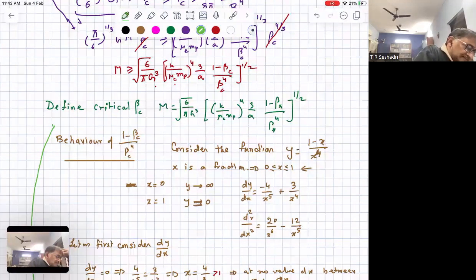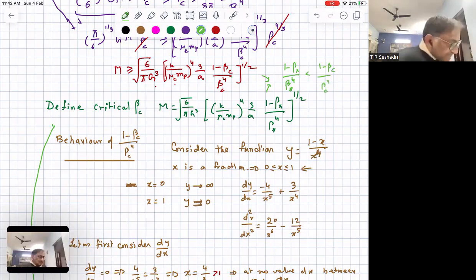Now, with these two together, what I mean is (1 minus beta star) by beta star to the power 4 has to be less than (1 minus beta c) by beta c to the power 4. Because mass has to be, this is a very critical one.